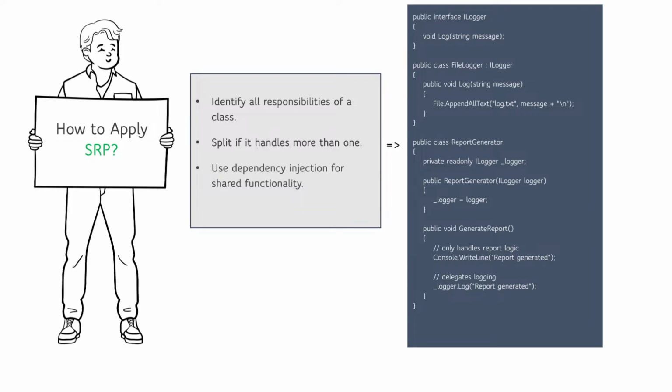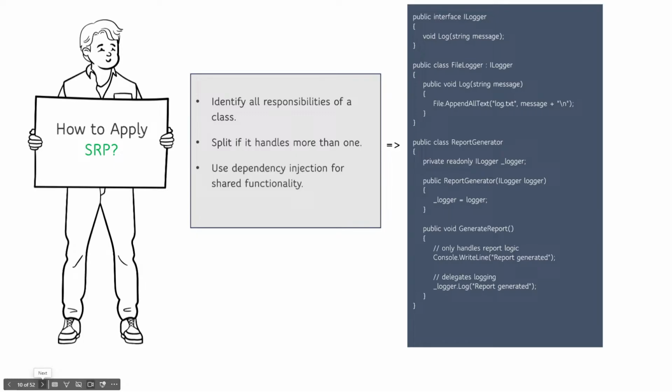First of all, we need to check all responsibilities of a class, that is, what exactly the class is going to perform, each task and each method that is going to be written. Split: if it is handling more than one task at a time, we need to split it into different classes for better code execution and code readability. It is helpful in large applications to read code easily.